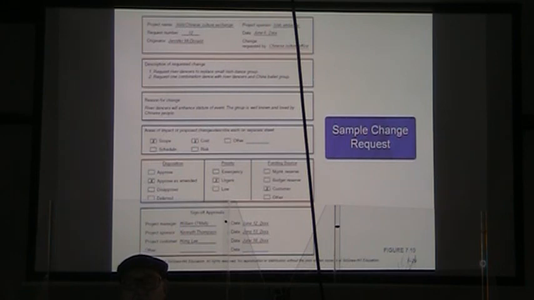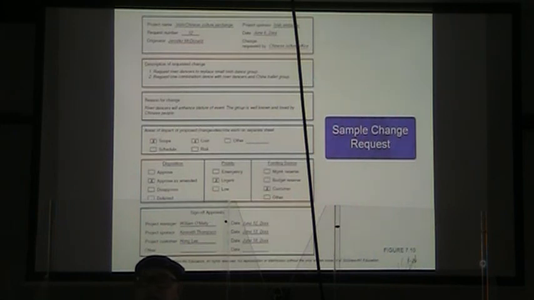All right, so here we have a possible sample change request form. It's the Irish-Chinese Culture Exchange. It has a request number. It is originated by Jennifer MacDonald, sponsored by the Irish Embassy, the date, and who was this change requested by?